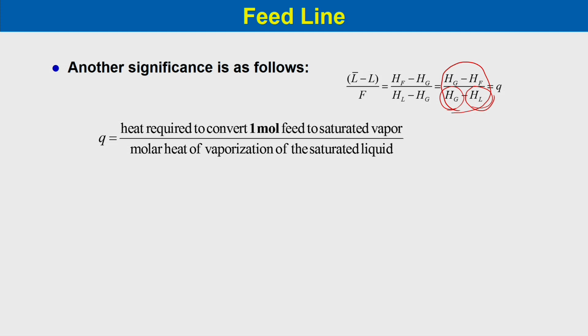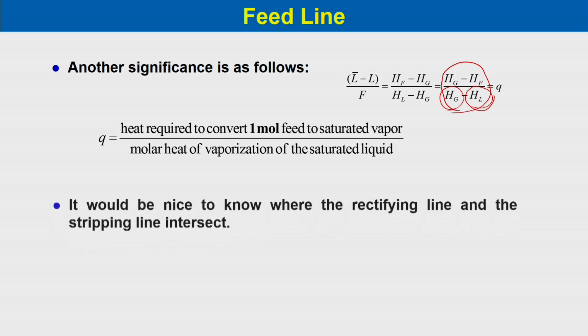So, Hg minus HL is the molar heat of vaporization of the saturated liquid, and Hg minus Hf is the heat required to convert 1 mole of feed to saturated vapor. So, this is the ratio of heat required to convert 1 mole of feed to saturated vapor divided by molar heat of vaporization of the saturated liquid.